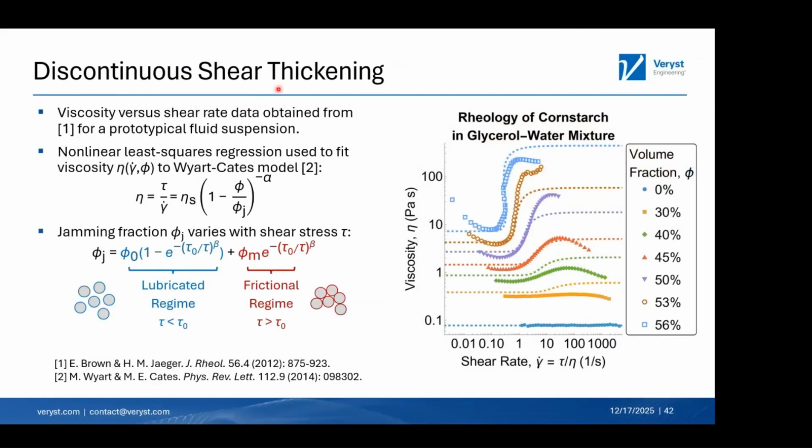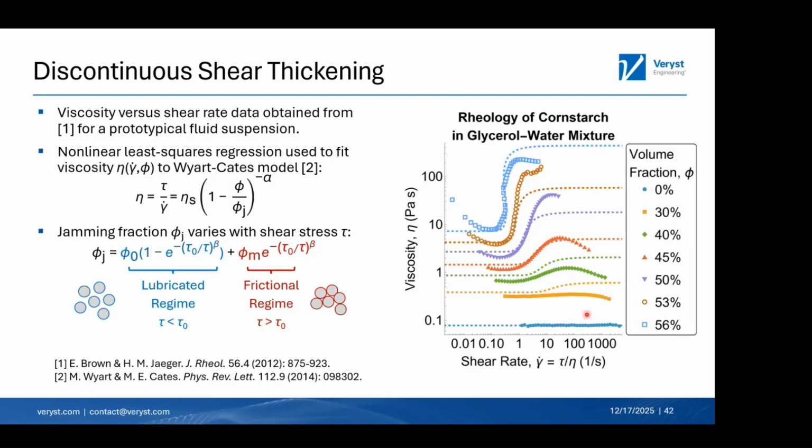So I introduced the concept of discontinuous shear thickening. Here is an example. This is taken from literature for cornstarch dissolved in a viscous solvent. And this is a plot of viscosity versus shear rate on a log-log scale. And the phenomenon I'm describing of discontinuous shear thickening is as you increase particle volume fraction, you start from, in the absence of particles, a Newtonian liquid, so something where the viscosity is constant with shear rate.